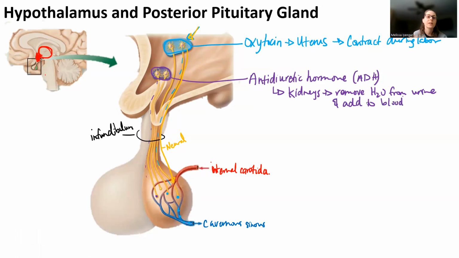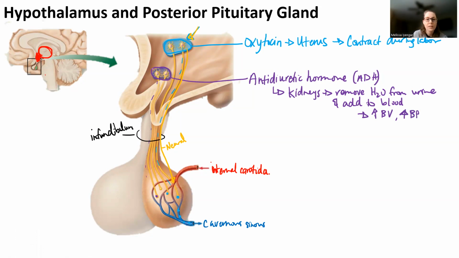So a secondary effect of antidiuretic hormone is increasing blood volume. This also helps us increase blood pressure. We're going to learn more about that when we get to the urinary system.